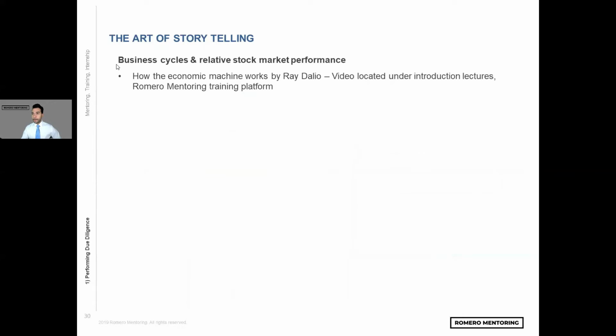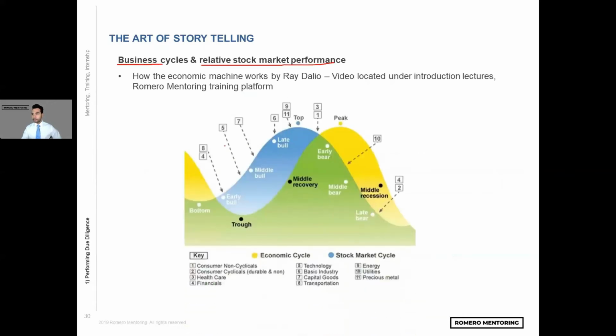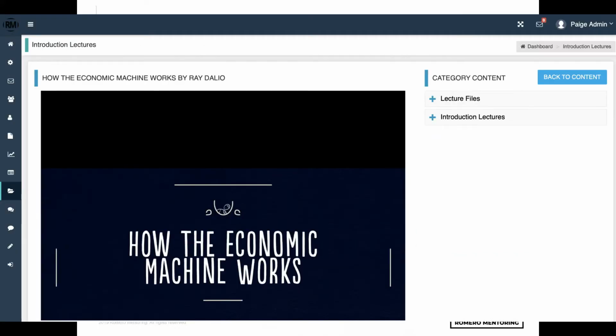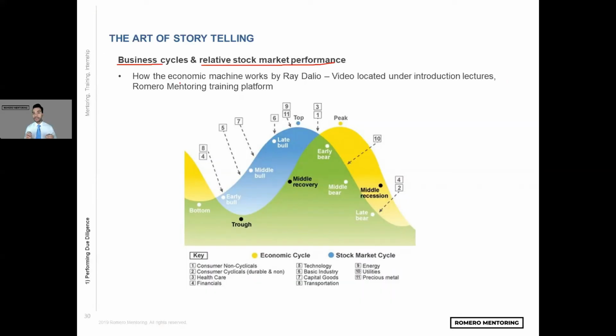In terms of business cycles and relative stock performance, I'm actually going to pull this up on our screen here, the platform. I am referring to a particular video created by Ray Dalio, who is the founder of Bridgewater, that really explains how the economy works. He looks at it from a system standpoint, and he tries to identify all of the moving pieces and parts of that system.